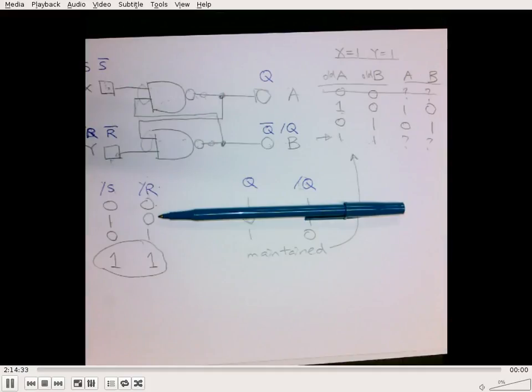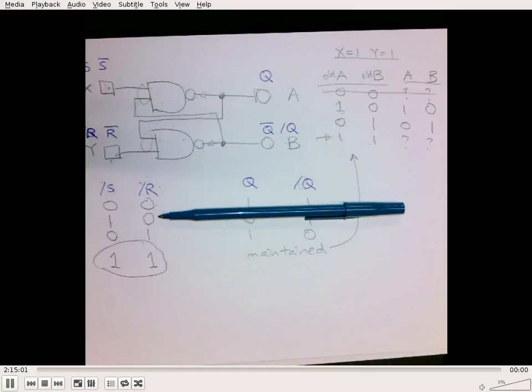So /S means if it is 0, you want to set the output. /R means if it is a 0, you want to reset or clear the output. The output is Q itself. /Q is the negated version of the output. So it doesn't really make sense to try to set and reset at exactly the same time. That's why the first row is typically not used except for very rare cases.